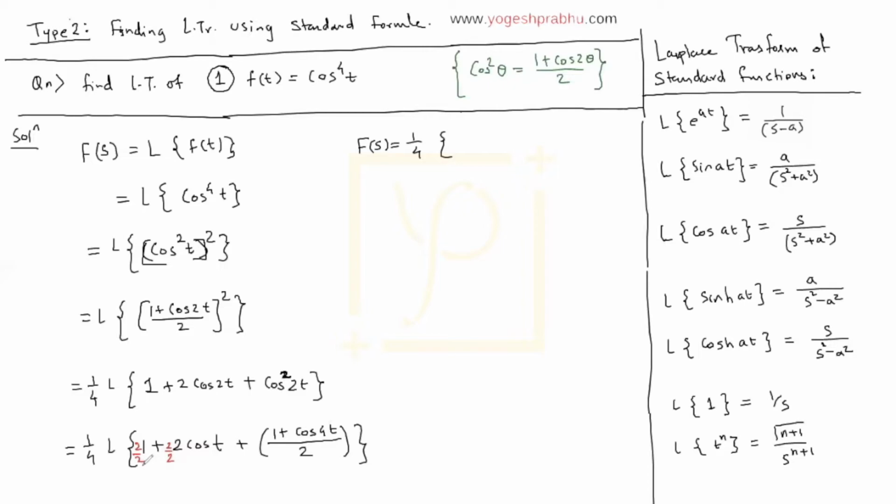Now from each term I can take this 2 common, so it is going to be 1 by 2. I hope you followed that part. So now the first term is 2, then this is 2 times 2 cos 2t, which is 4 cos 2t. And then if I take this 2 out, this will become plus 1 plus cos 4t. Always I can club this 2 and 1.